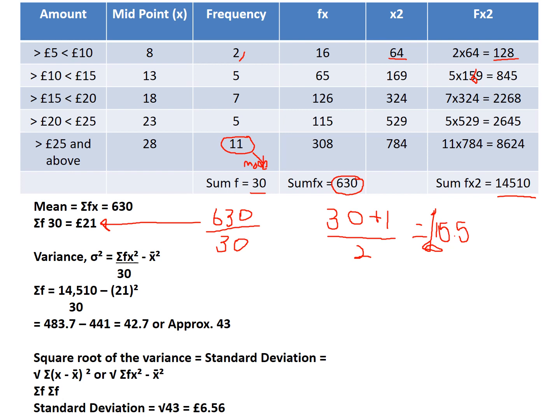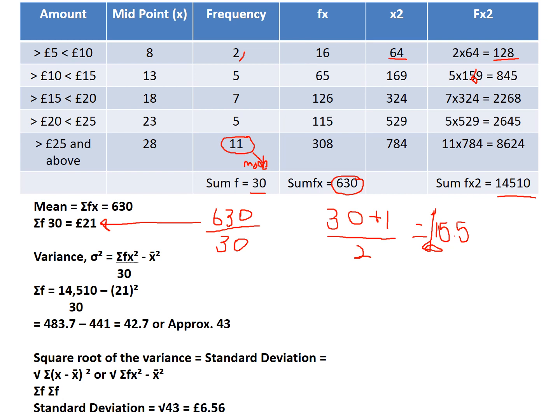If this was a question about how much money people were spending, in this example it was £21, and that was calculated by the frequency times the midpoint total divided by the total frequency. So 630 divided by 30 gives you 21.